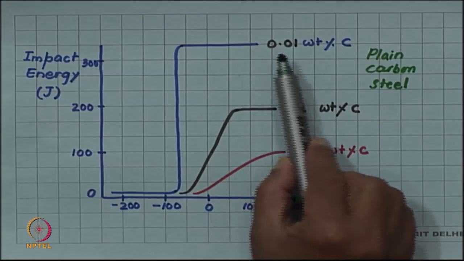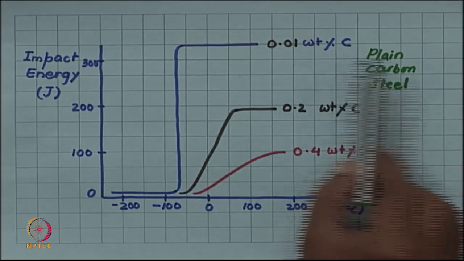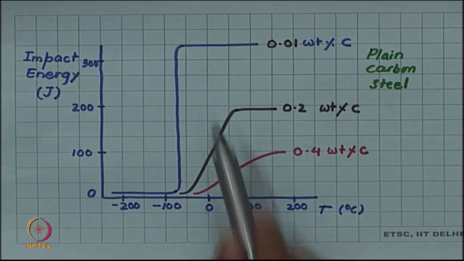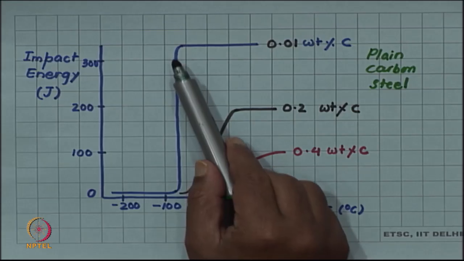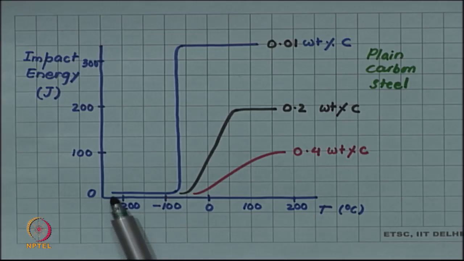So, for very low carbon concentration, let us say 0.01 weight % carbon, you can see that the energy absorbed was very high on the higher temperature side, but then suddenly at around minus 75 degrees Celsius or so, the energy absorbed became very low and remains at that lower value at still lower temperature.